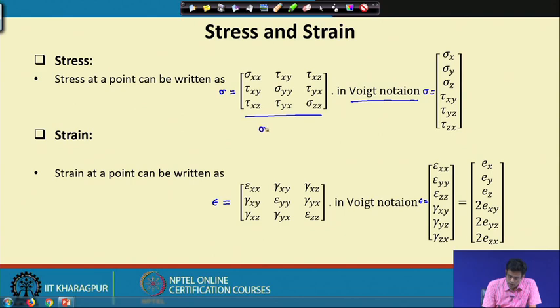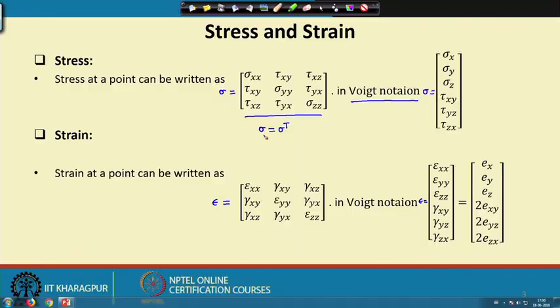So, here sigma is actually sigma transpose. Similarly, the strain matrix is also a symmetric matrix. How these stress matrix or strain matrix become symmetric, we will learn after these two modules, and specifically the stress becomes symmetric due to the balance of angular momentum. So, we will learn these things in the fifth module.